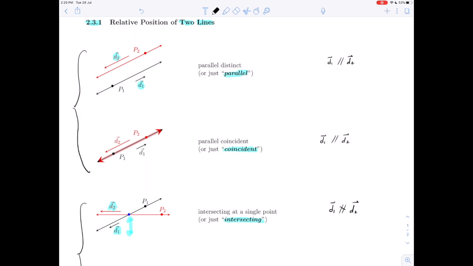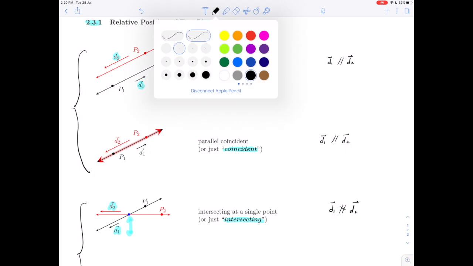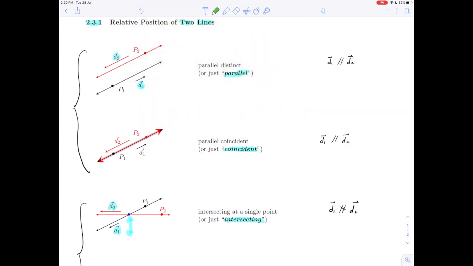And the way we're going to do that is by joining the 2 points. So if we join P1 to P2 and we create a vector P1P2 in each case, that is going to be enough to help me distinguish between parallel and coincident cases.